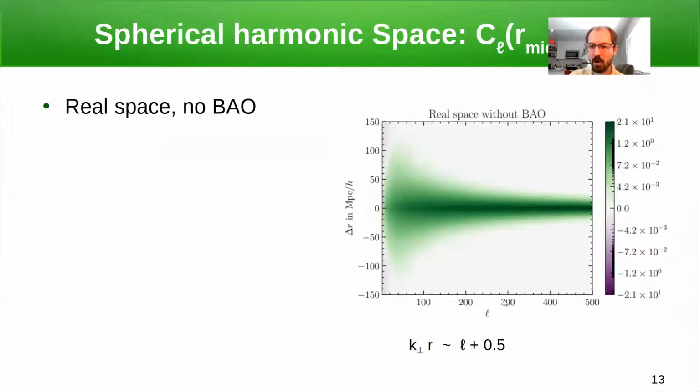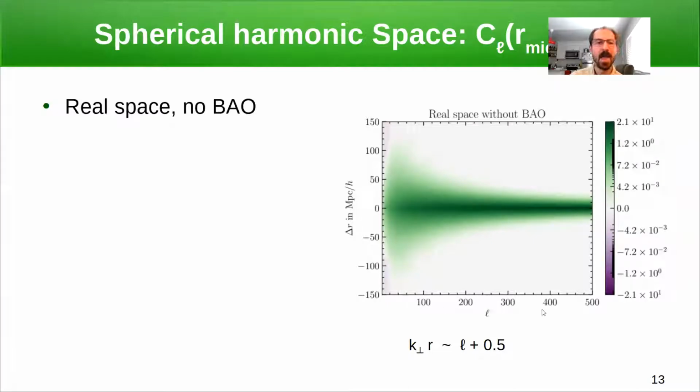Here we have our L, and here we have the delta R for a given R, 1000 megaparsec. In this case, I did it in real space with no BAO. So this is the broadband power spectrum in spherical harmonic space, and it's very smooth, gets narrow towards larger L.